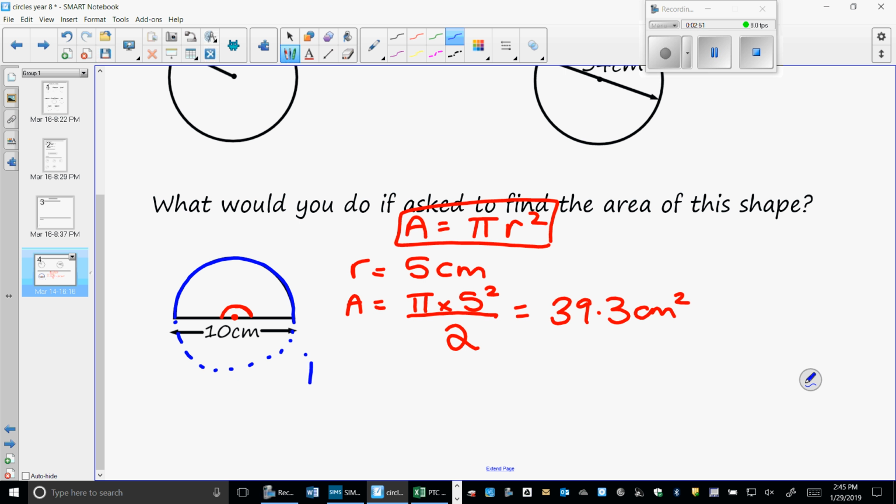So the perimeter of this shape would be the normal circumference divided by 2. But have I drawn a blue mark around the perimeter of my shape? What am I missing? The diameter, the straight bit, yes? So what am I going to do to find the total perimeter? You're going to add 10.